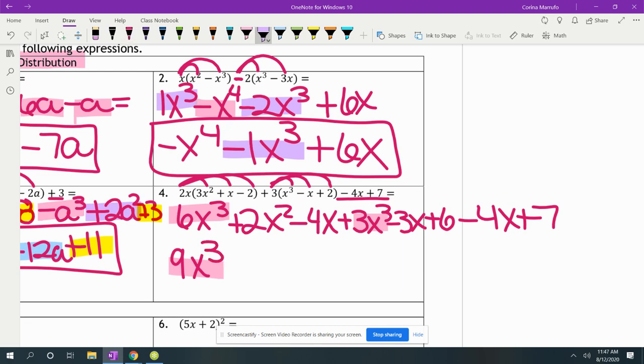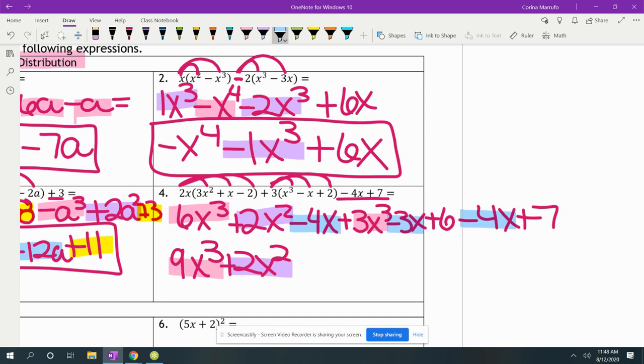Then we check the next one. So the next one is x squared. This is our only x squared, so we are going to just write it down. Plus 2x squared has nothing to combine with. Then we go to the next one. So negative 4x, negative 3x, and negative 4x. So they're all negative.